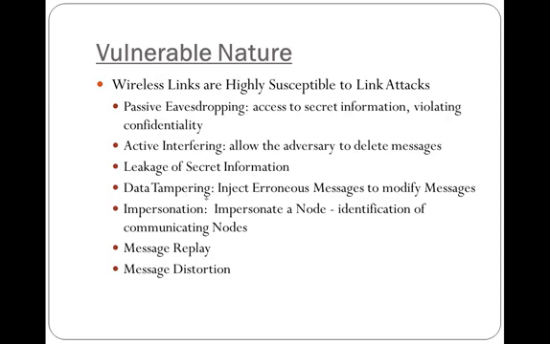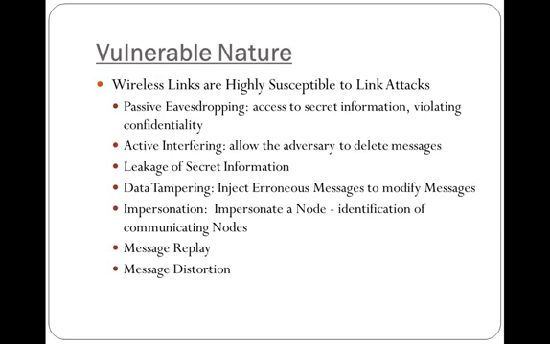Then data tampering: inject an erroneous message to modify a message. This is again an active attack. Then impersonation: impersonate a node and the identity of a communicating node, where you use someone else's identity and pretend that you are actually that node.